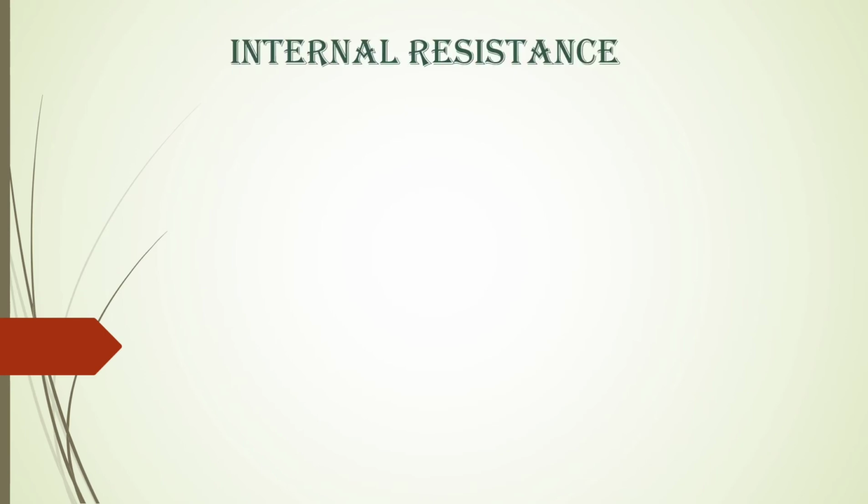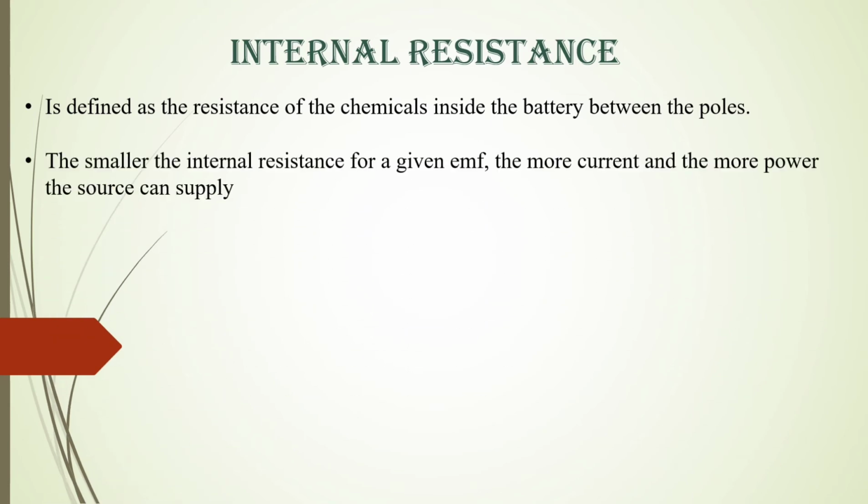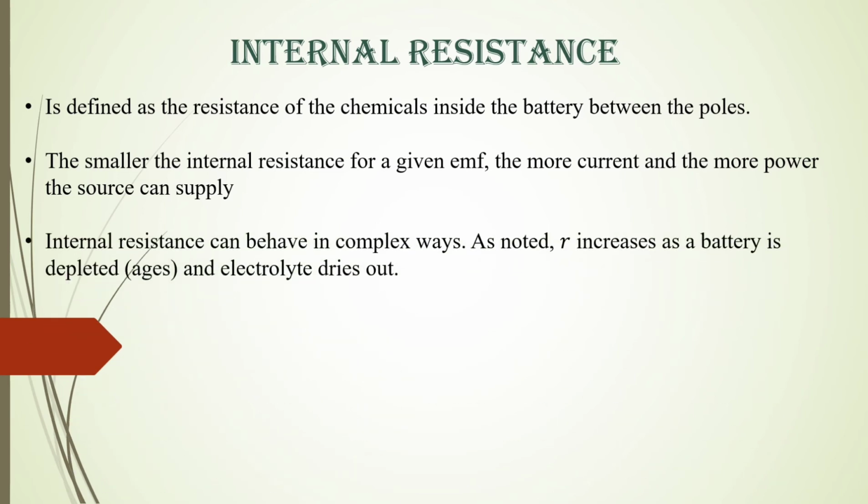The next is internal resistance. Internal resistance is defined as the resistance of the chemicals inside the battery between the poles. The smaller the internal resistance for a given electromotive force, the more current and the more power the source can supply.